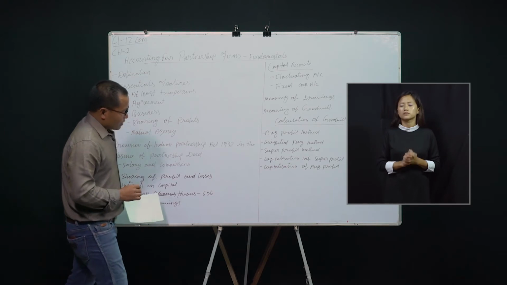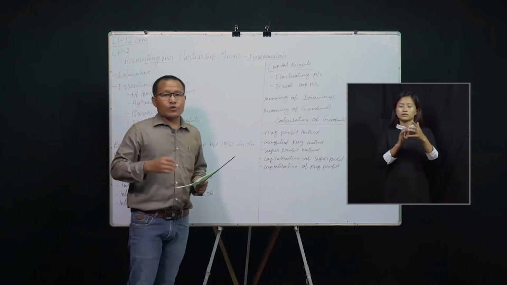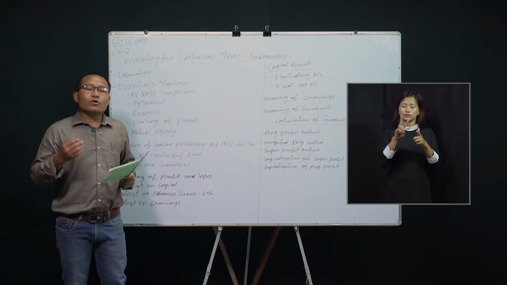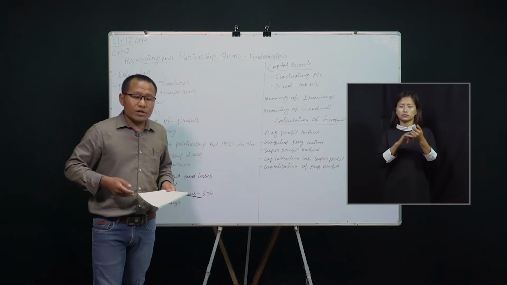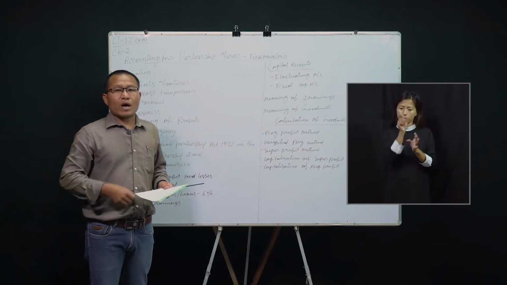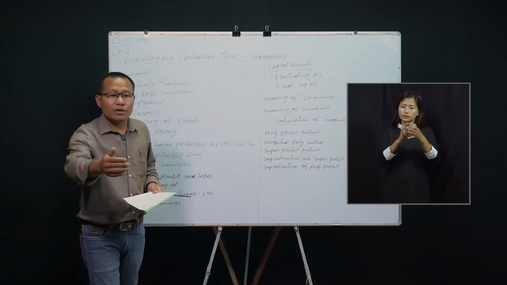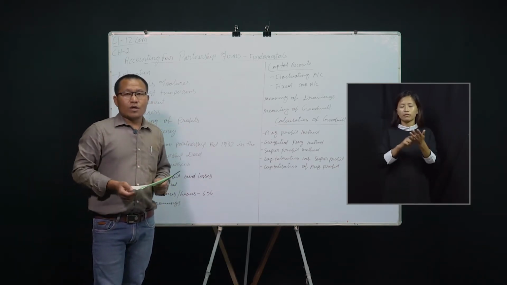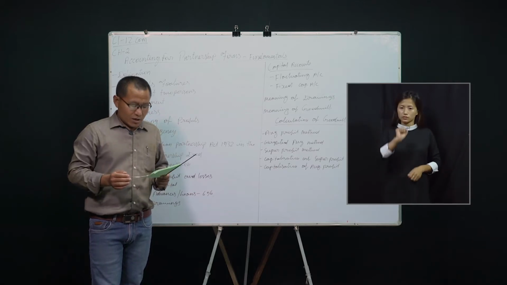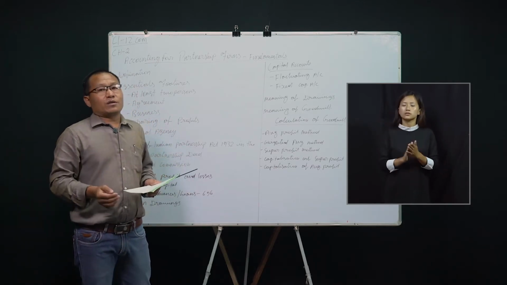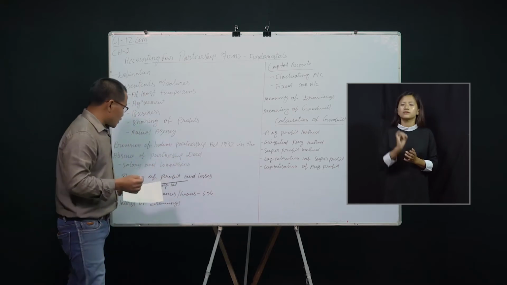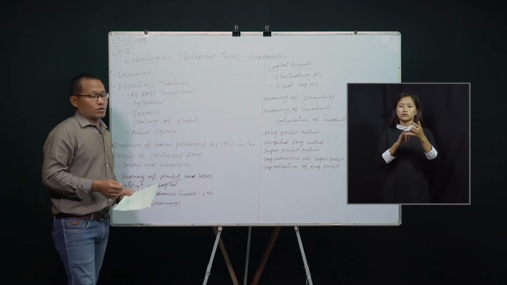Next we have interest on advances and loans. There are also cases where partners give an advance or loan to the partnership firm, which is different from their own capital. In this case, 6% interest is charged on advances and loans.